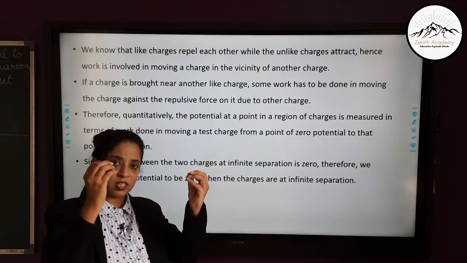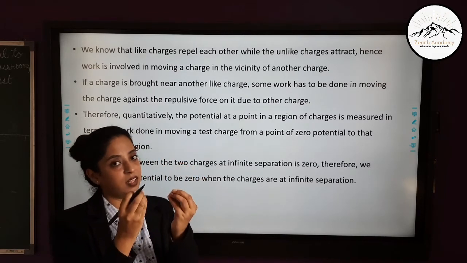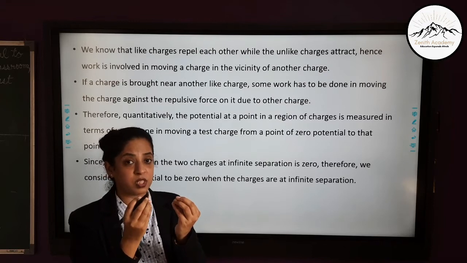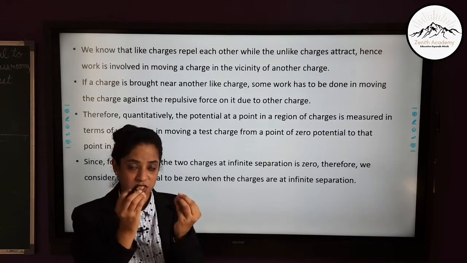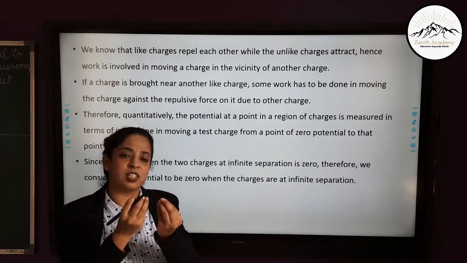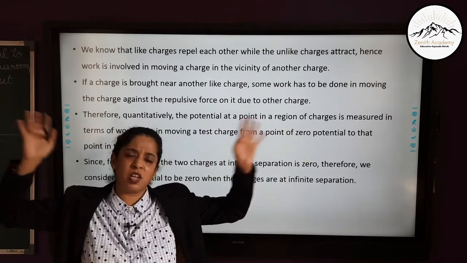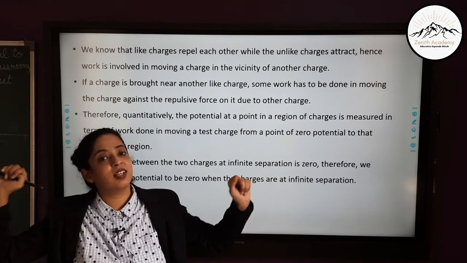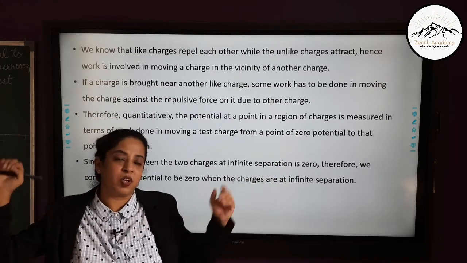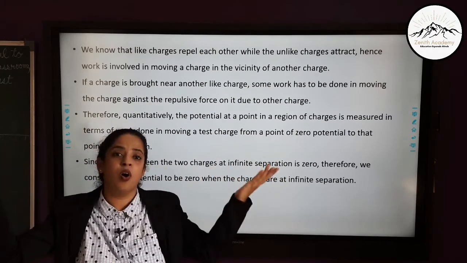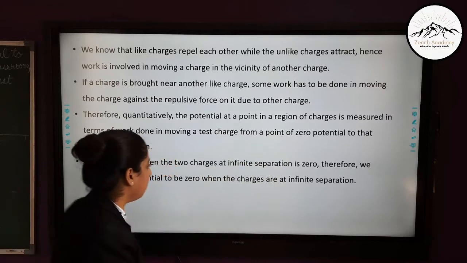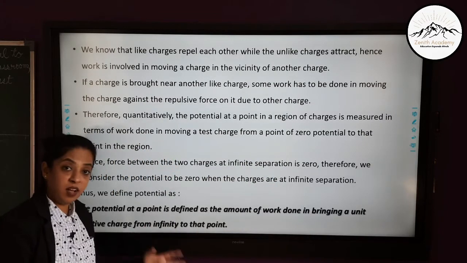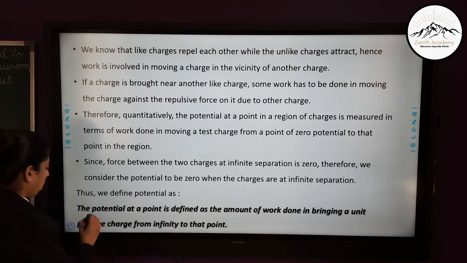When two charges are close, there has to be some potential, some work done in moving these charges. But suppose these two charges are at infinite distance, very far apart, then we can consider the potential between them to be zero because there will be no work done as there is no attraction or repulsion between them. And thus, we define potential in this way.